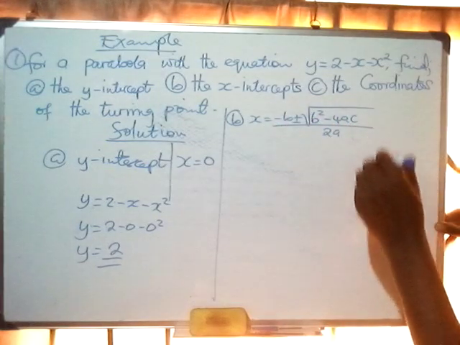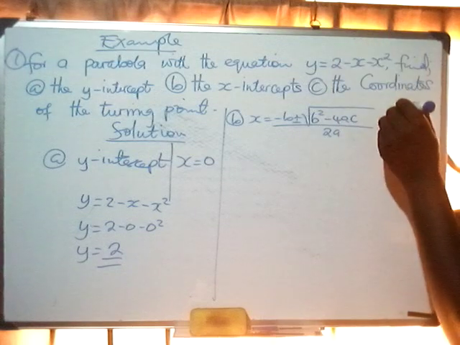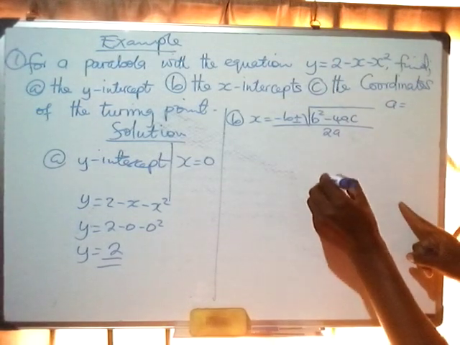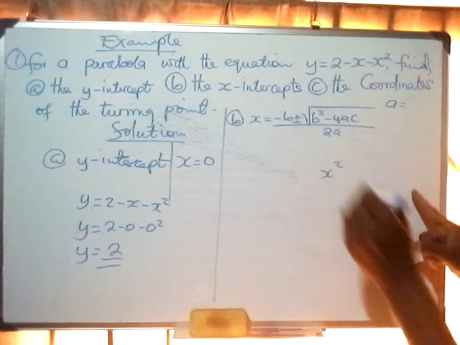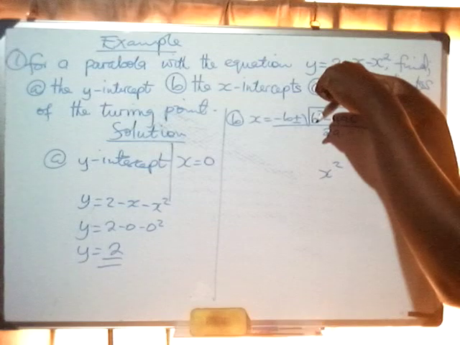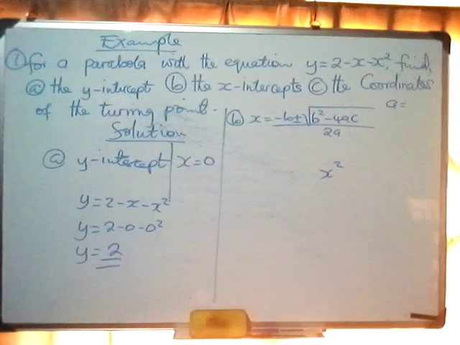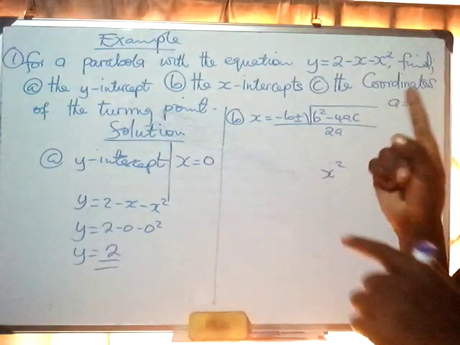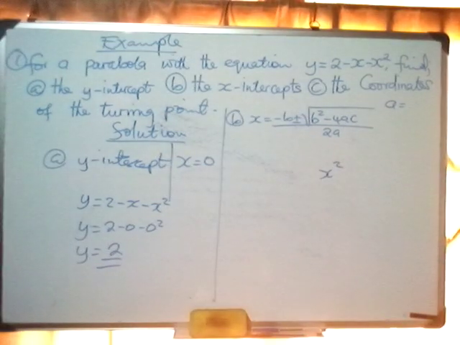Now, when you look at this equation, which one is our a? The value of a is the coefficient of x squared, not the first number. Please get this one correct. The value of a is always the coefficient of x squared.